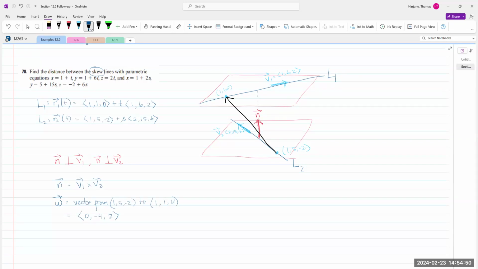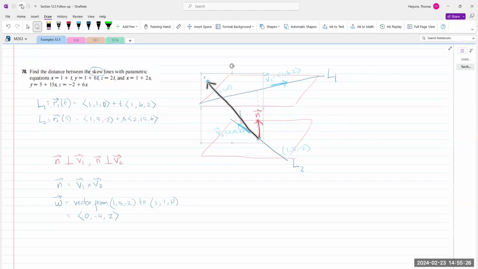Now, what I want to say is the following. Notice that when you do the cross product of v1 and v2, that will be the normal vector, right? And the distance between these two lines is equal to the distance between these two planes, which equals the component of this black vector here onto the red vector.